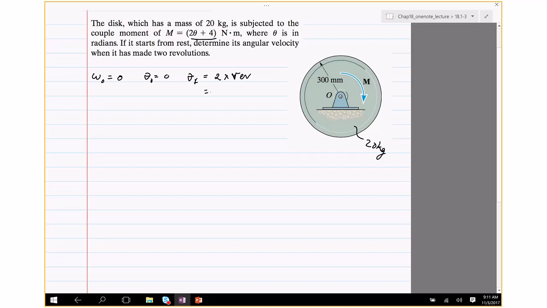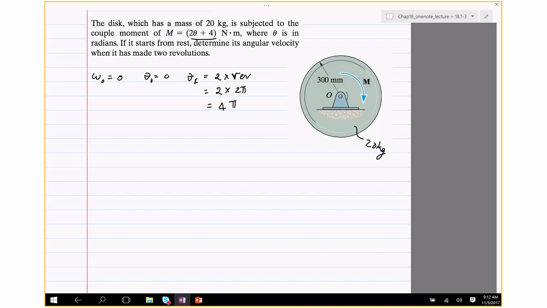Two revolutions means it completes 360 and 360, or 720 degrees, but we need to write that in radians. One revolution is 360 degrees, which is 2 pi in radians, so it's 4 pi. Clearly, because there's a moment, the disk starts spinning faster and faster.